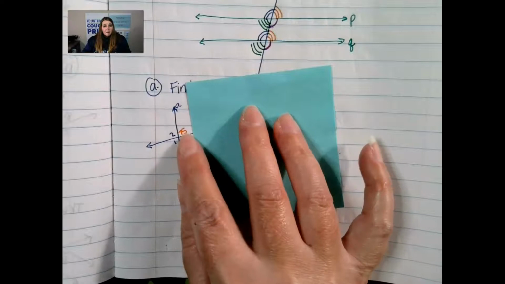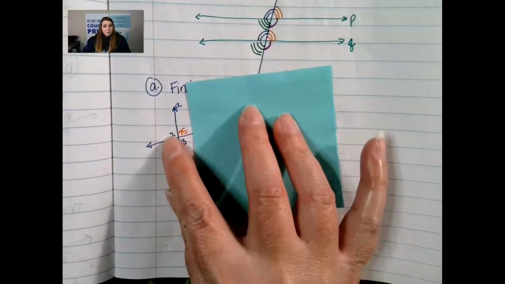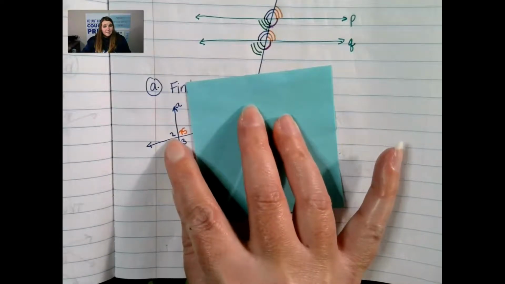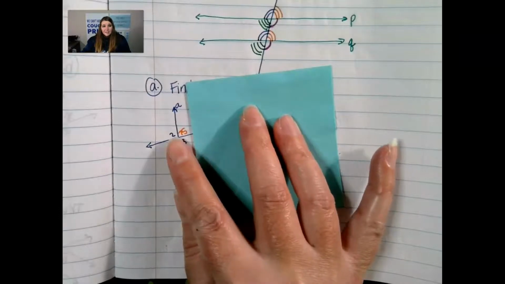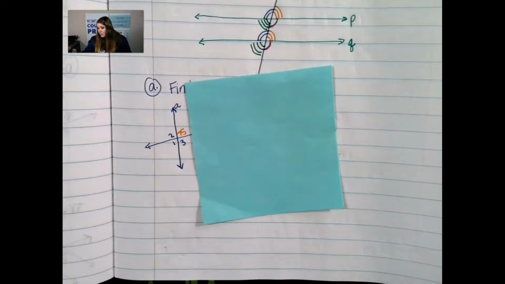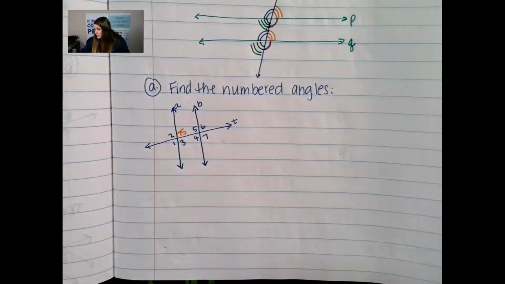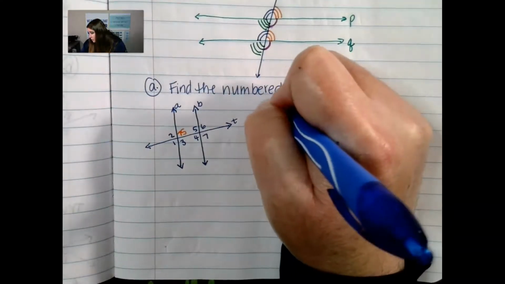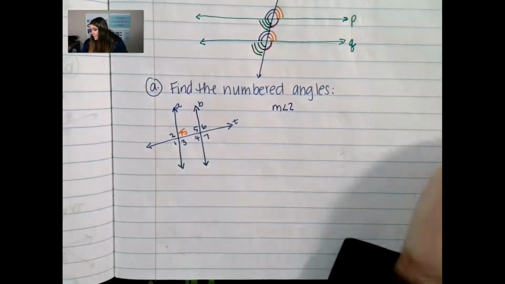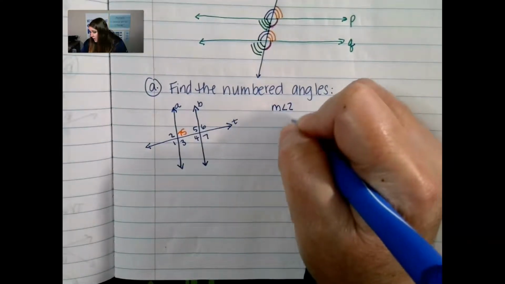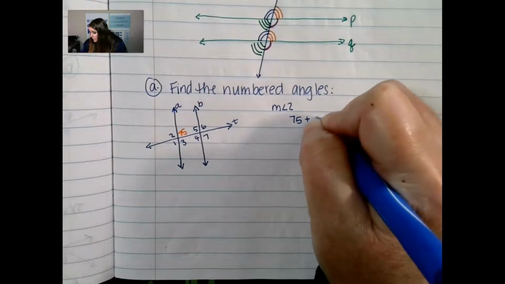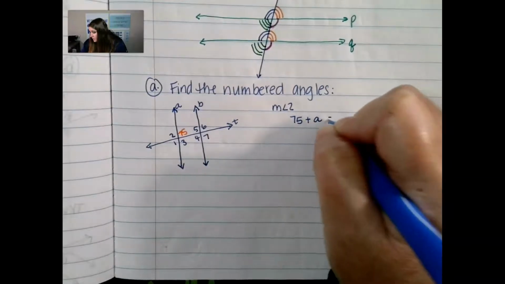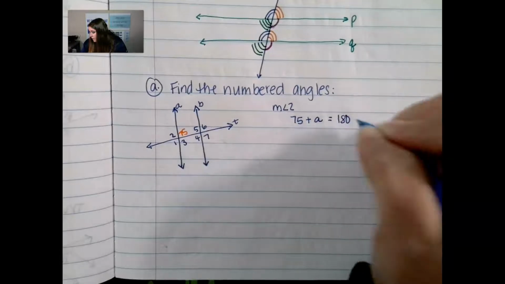Now, I can find the measure of angle 2 by setting this equal to 180. So the measure of angle 2 is 75 plus something is going to equal 180.